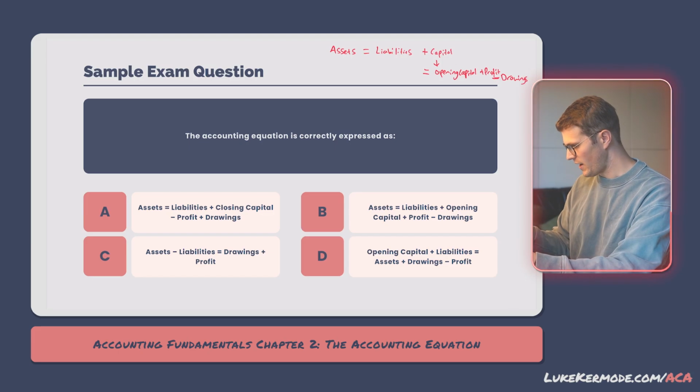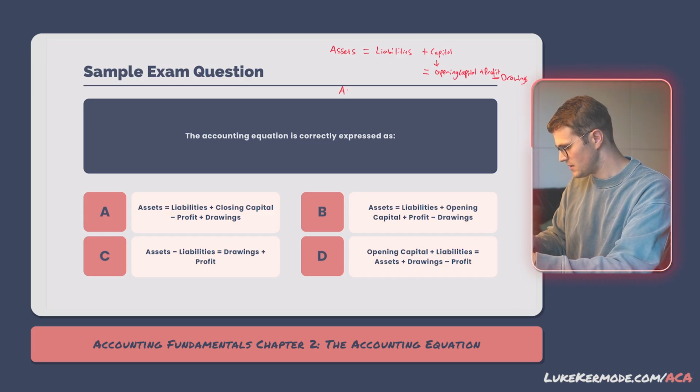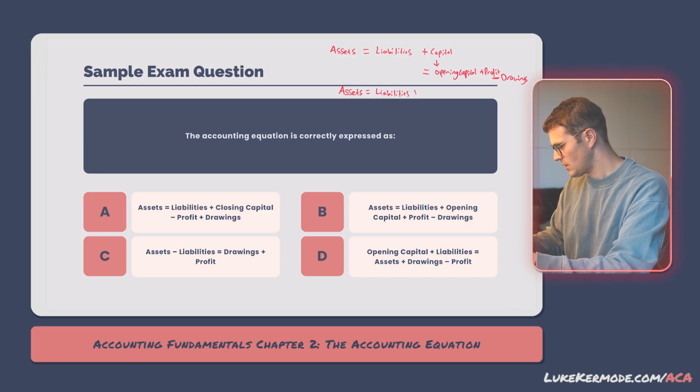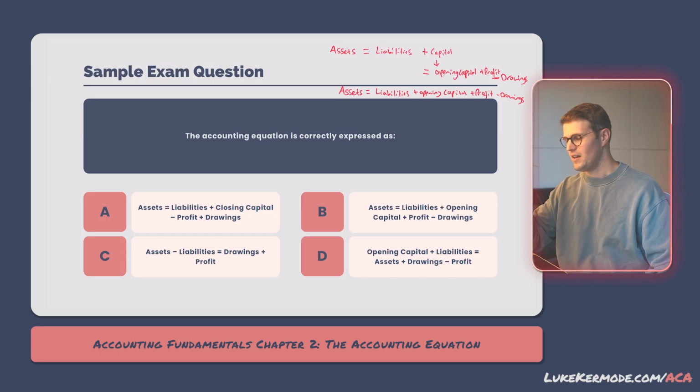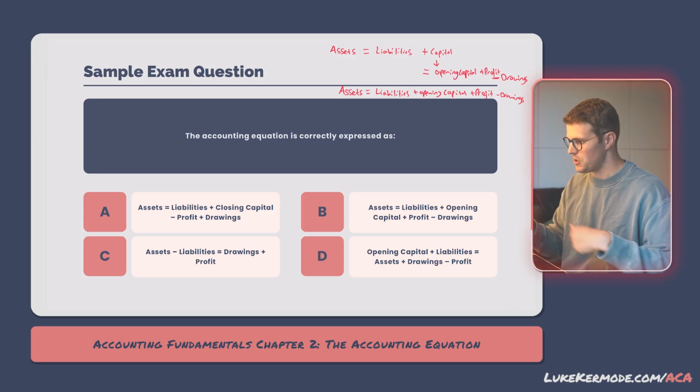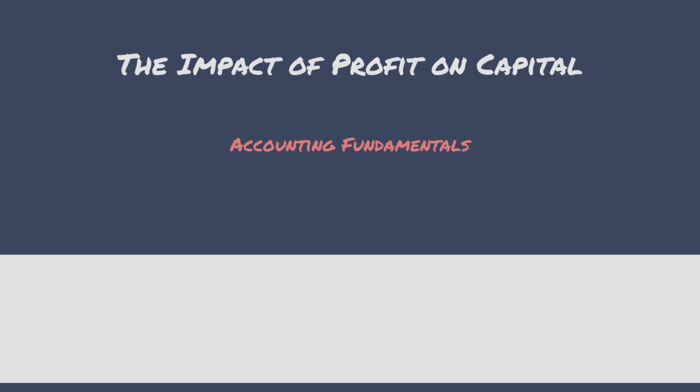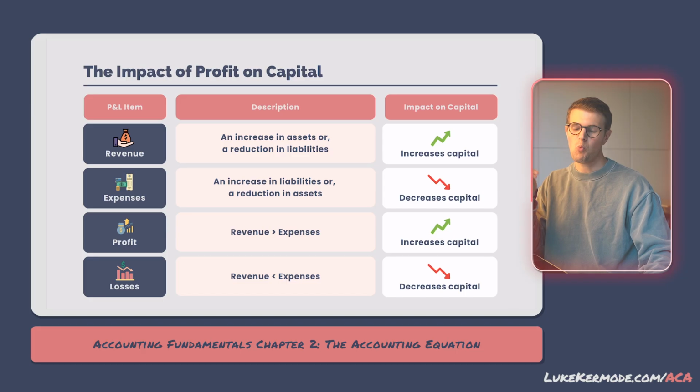Therefore, the correct answer must be B. Assets equals liabilities plus opening capital plus profit minus drawings. So it's just a little bit of algebra, just subbing in the closing capital formula into the accounting equation gets you to your answer, which is option B.